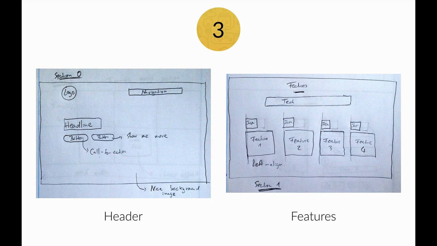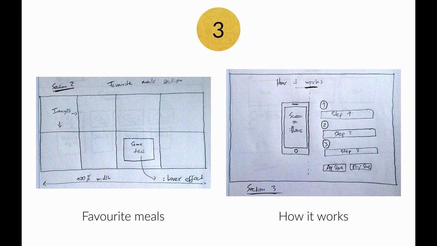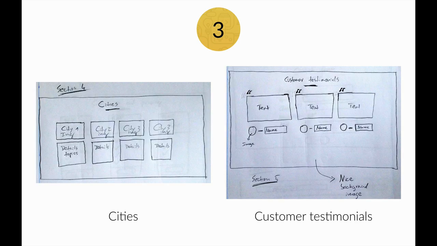The next step is to get inspired and sketch some ideas. Here is what I did for our project. So I will show you some sketches for the 9 different sections of the website, starting with the header and the features section. You can clearly see that I'm really bad at drawing and sketching, but I try my best because this step is really important. And as I said before, it really doesn't matter if your sketches look good or bad.